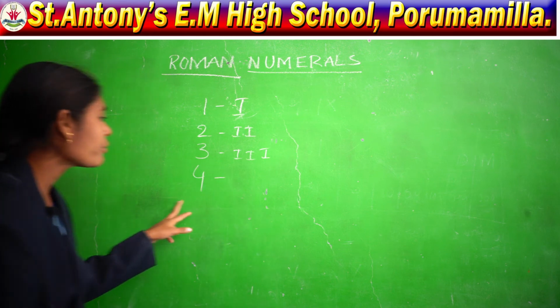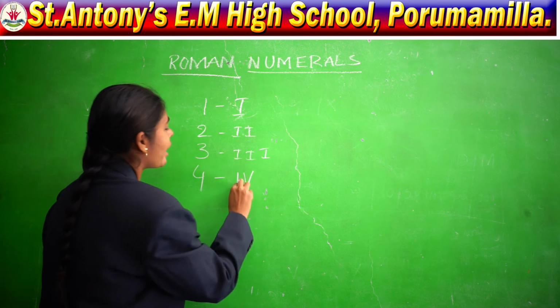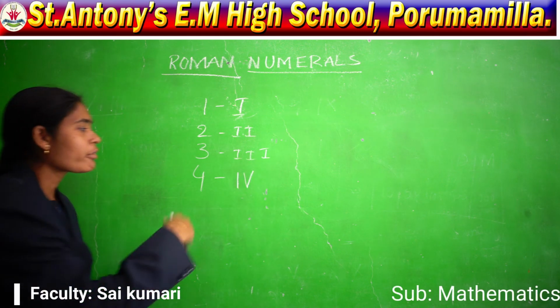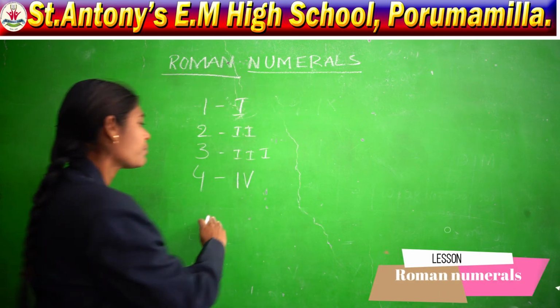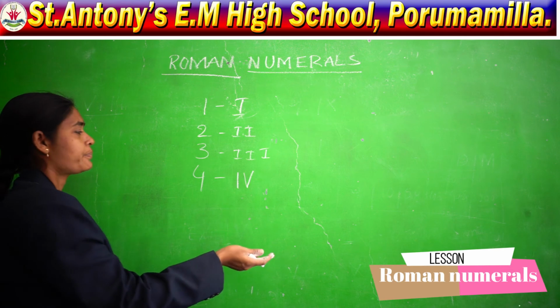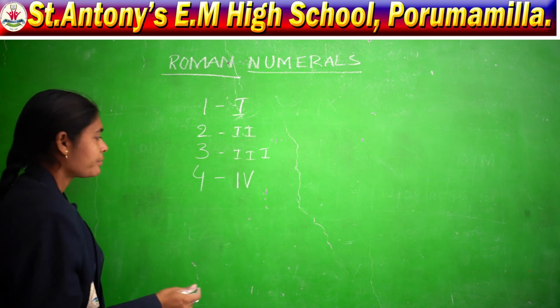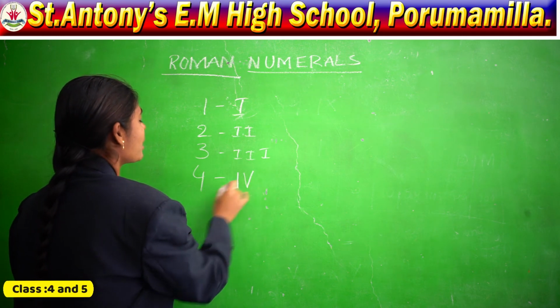So, to write 4, what you want to write? 5 minus 1. Before 1 is subtract, after 1 is add, that also I explained in the key points. To write 4, you have to write 5 minus 1 is 4.